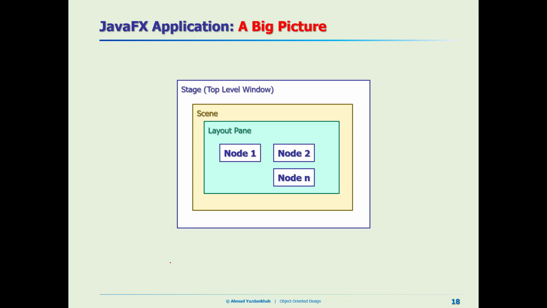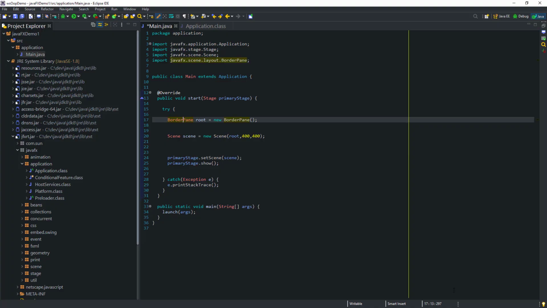All right. What happened to my Eclipse? Okay, so this is one of them, but let me change it to VBox. So VBox, vertical box, you remember that?